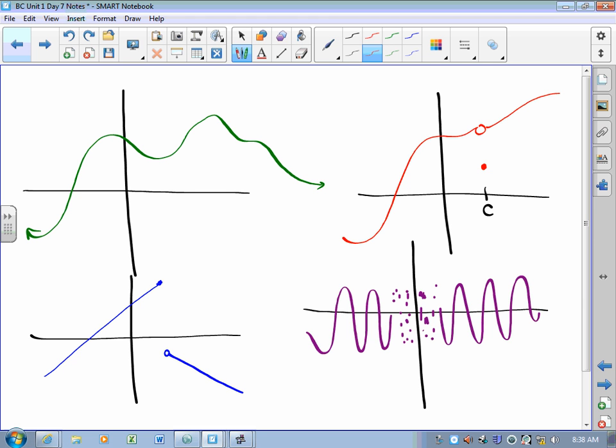And so in a case like this, we have what's called a point discontinuity. In a point discontinuity, the limit as x approaches C is different than the function value, either because that function value doesn't exist or because it is some other number than the limit.